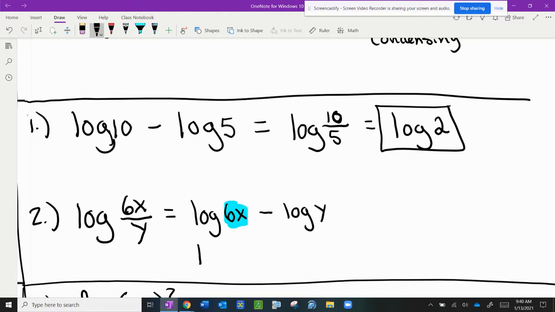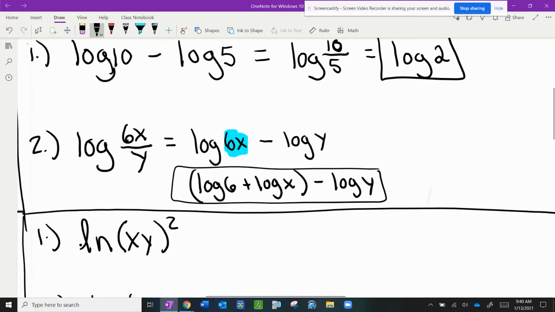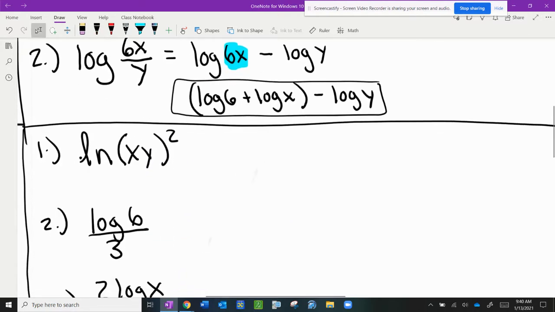And so I could keep going, write this as addition, put some order of operations, and I could have split that up using both properties. And that's what we're going to be focusing on today is using all of these properties in one problem.